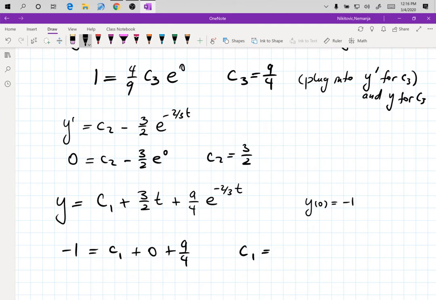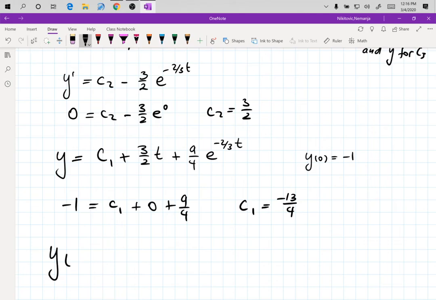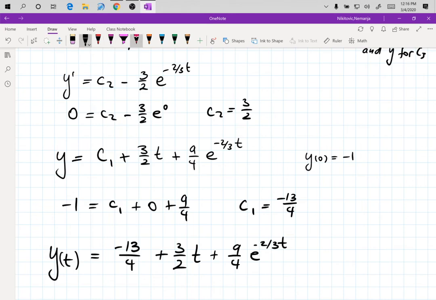C1 is equal to negative 13/4. Thank you. Finally, y of t is equal to negative 13/4 plus 3/2 t plus 9/4 e to the negative 2/3 t. There's your particular solution. That's what I work for.